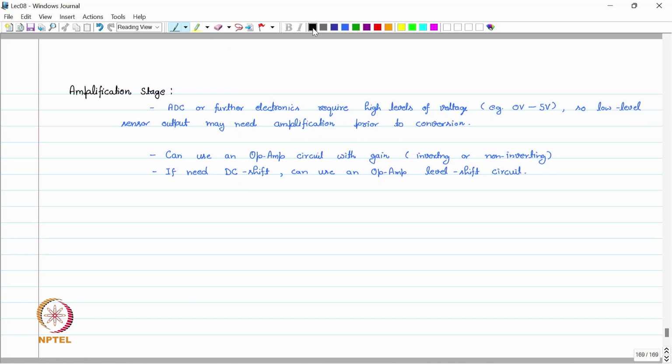So one configuration of an op amp based amplifier is something like this. So we have an amplifier which is made up of an op amp. Op amp has two inputs, one is plus, one is minus, and one is the output. Now this op amp, on one side is connected to the sensor using a resistor.